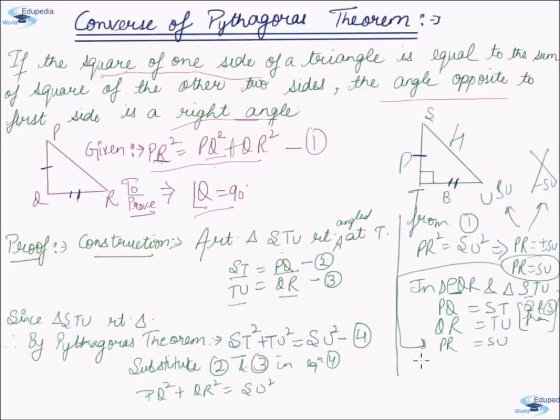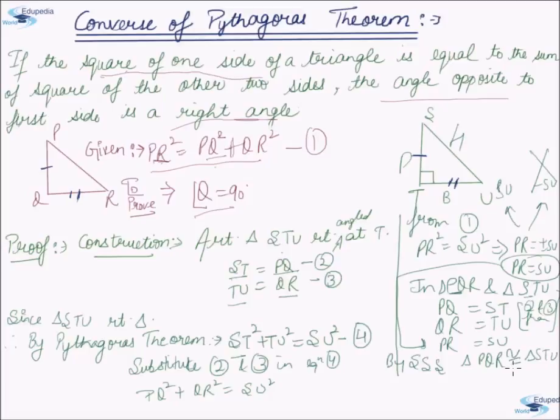So by SSS criteria we can say that triangle PQR is congruent to triangle STU. We have used here the term congruent and not similar. Since the two triangles are congruent, by SSS criteria triangle PQR is congruent to triangle STU.